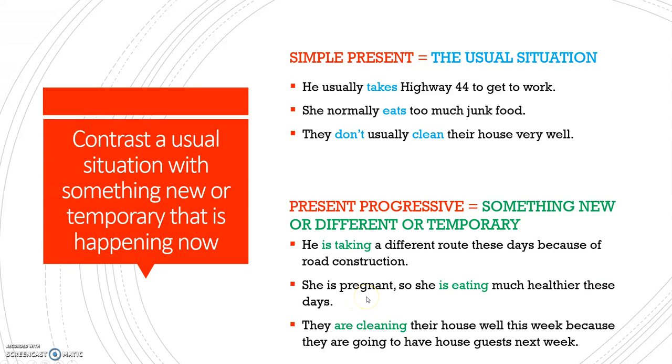"She's pregnant, so she's eating much healthier these days." "They are cleaning their house well this week because they are going to have house guests next week." The usual compared to something new or different or temporary. This is the basic difference.